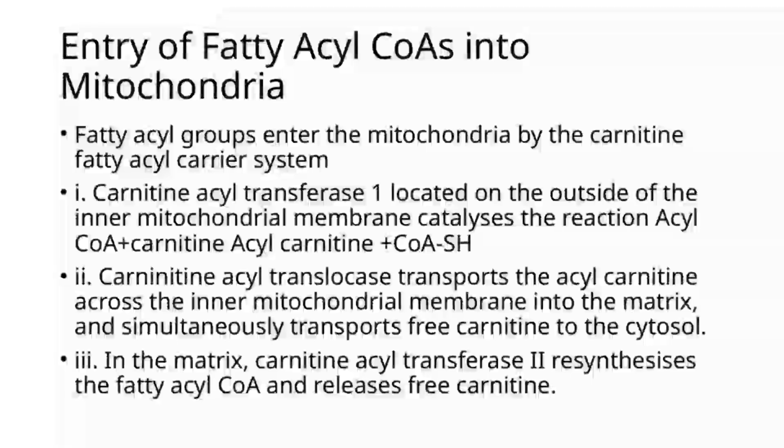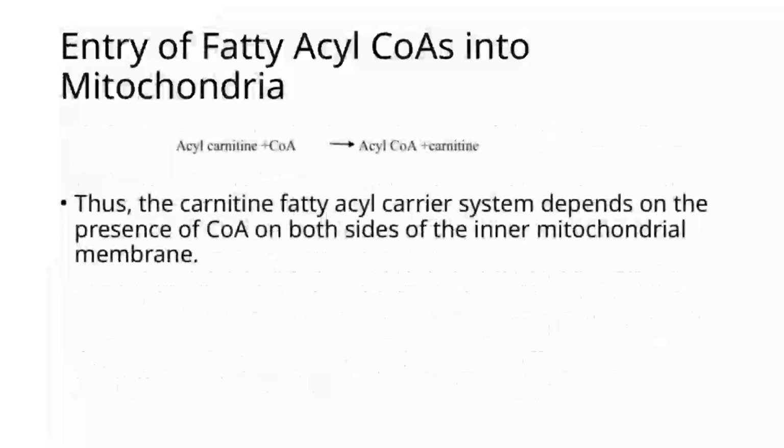So, the carnitine fatty acyl carrier system relies heavily on the presence of CoA on both sides of the inner mitochondrial membrane. Essentially, for fatty acids to be broken down efficiently, they need to be transported into the mitochondria in a specific way. This process depends on CoA being available both inside and outside the mitochondria.